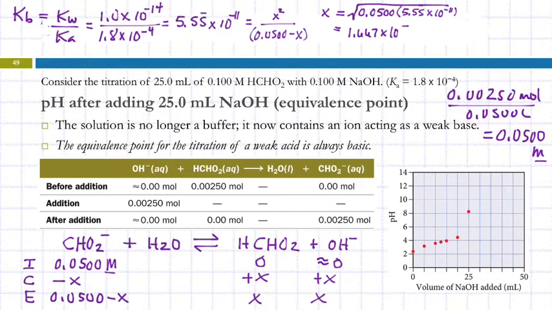I don't know why I can't keep that number in my head. It's minus 6, right? So I found out what x is.